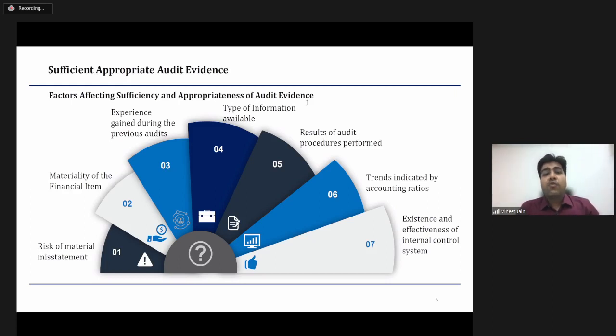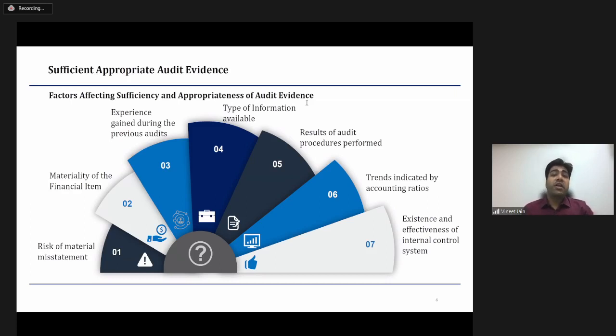Then is the type of information available. Type of information available also affects the sufficiency and appropriateness level. The information may be oral or documented, just like we discussed for the type of audit evidence. It may be documented or oral, or it may be internal or external.